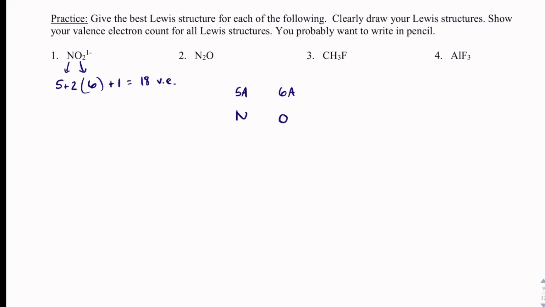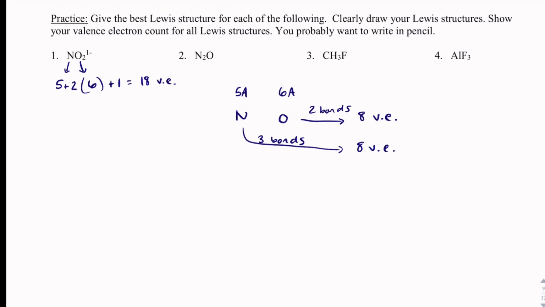There is a rule that maybe you've heard about, whether in biology or middle school science, that says atoms tend to prefer to have 8 valence electrons. This is called the octet rule. So nitrogen, to get to 8 valence electrons, tends to form 3 bonds, where oxygen tends to form 2 bonds.